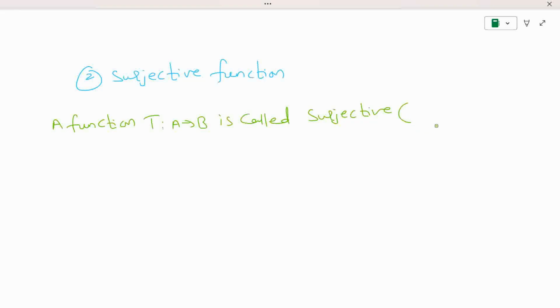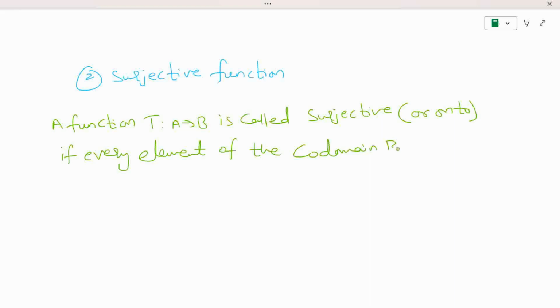Surjective function is also called onto function, if every element of the codomain B is the image of at least one element of the domain A.